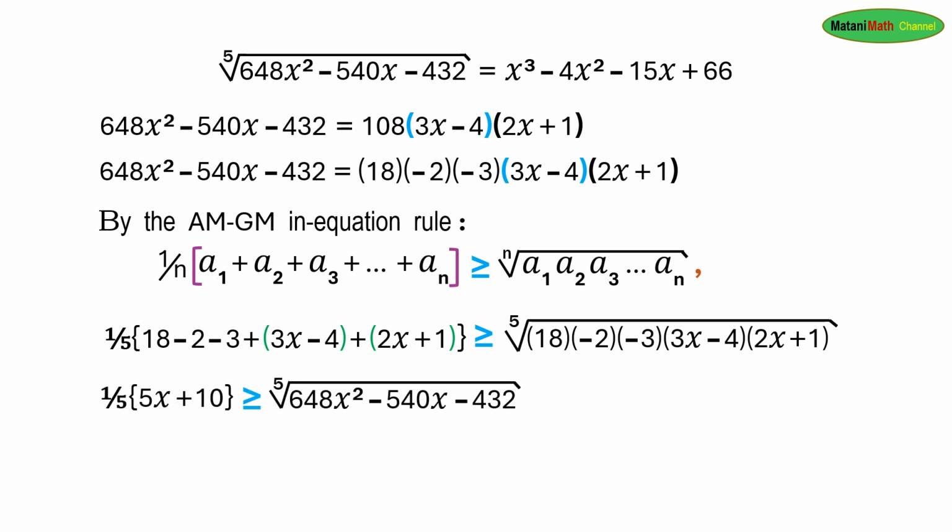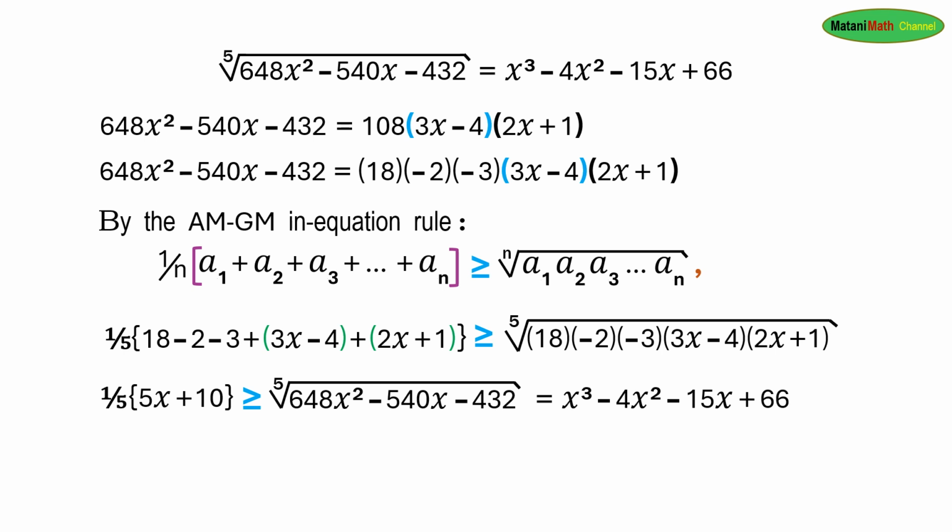So 1 by 5 times 5x plus 10 greater than or equal to the fifth root of 648x squared minus 540x minus 432 equal to x cubed minus 4x squared minus 15x plus 66.